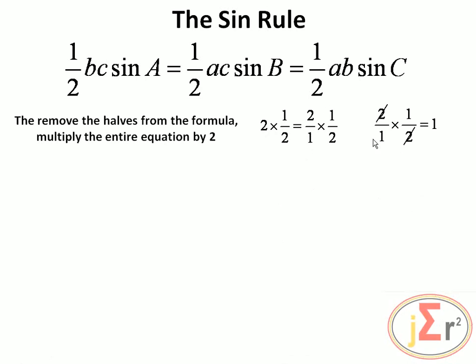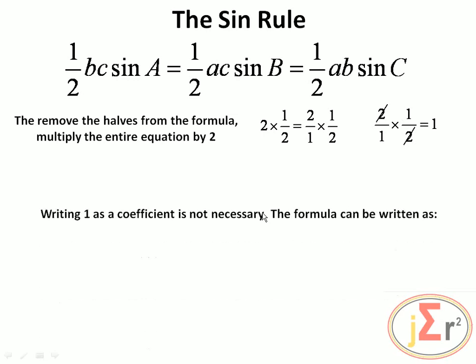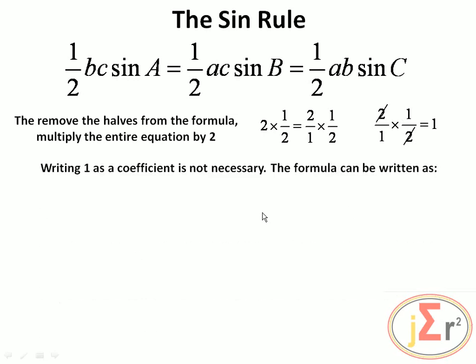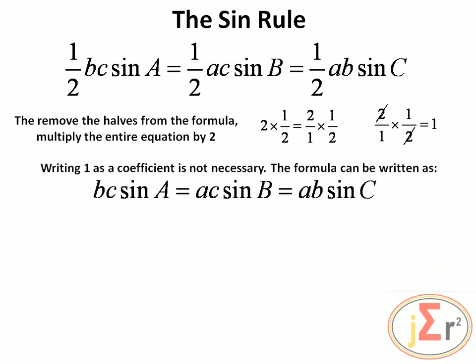These two cancel, and the answer is 1 over 1, which is 1. But we do not need to write 1 as the coefficient. 1 is usually the default coefficient, so the formula can be written as BC sine A is equal to AC sine B is equal to AB sine C.